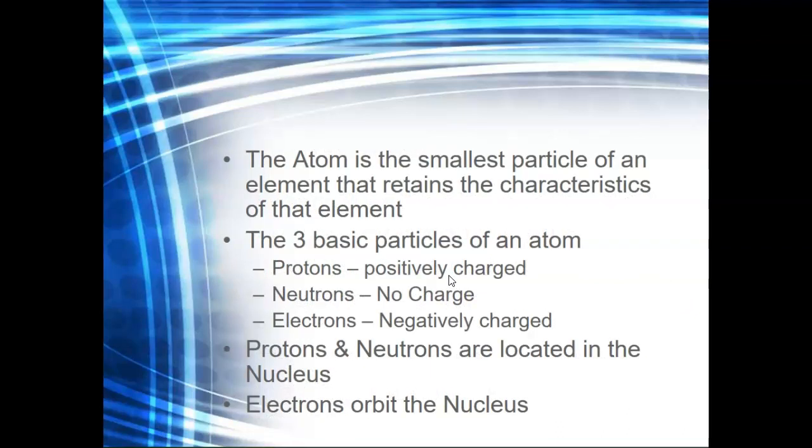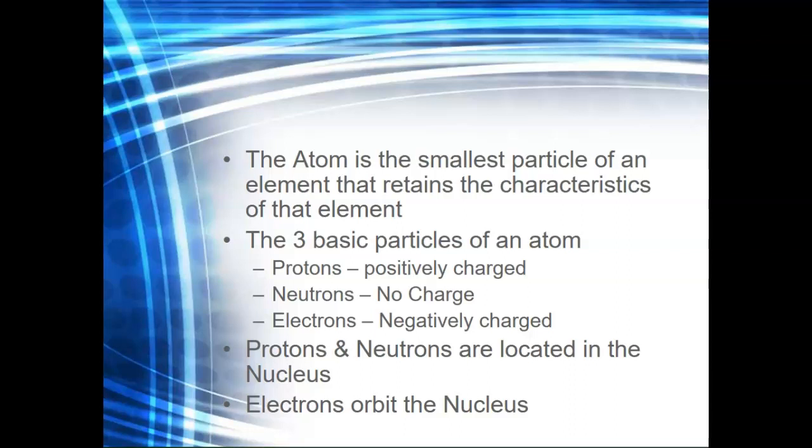So the atom is the smallest particle of an element that retains the characteristics of the element. So you have protons, neutrons, and electrons. Protons and neutrons are located strictly within the nucleus.